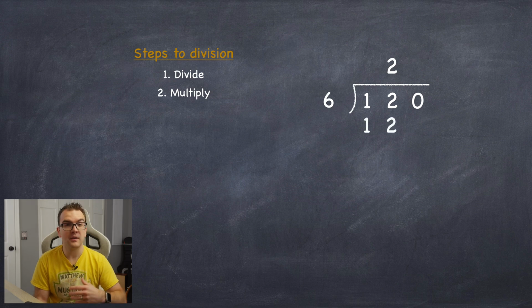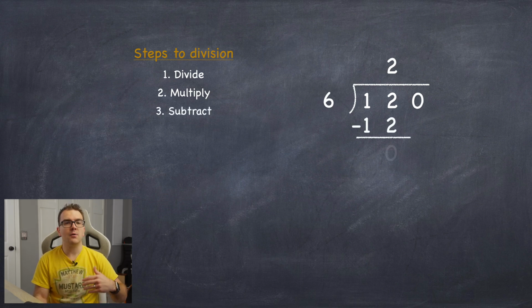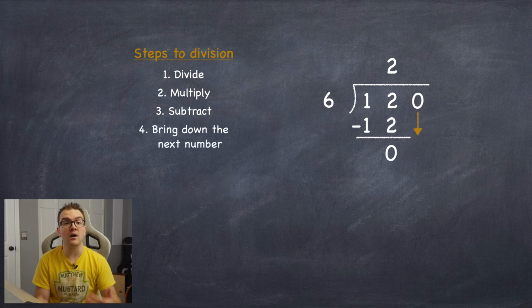12 goes here, then we do our subtraction step, 12 minus 12 is 0, and now another step to long division is to bring down the next digit once we solve each little chunk within the dividend with subtraction, right? So let's do just that. Let's take 0 in the dividend and move it down with our answer from the previous subtraction.